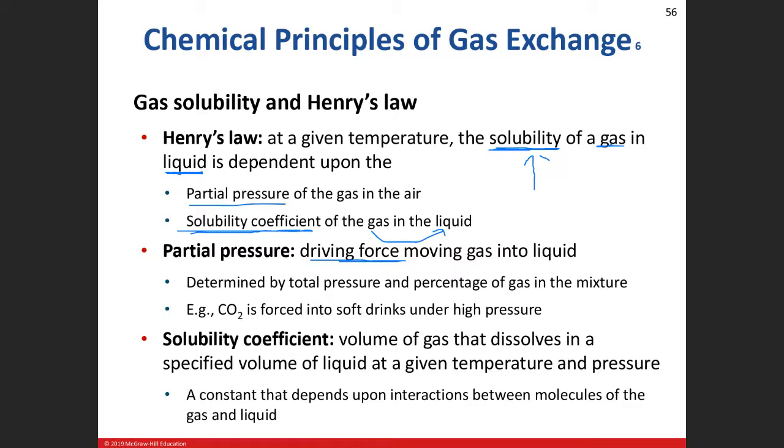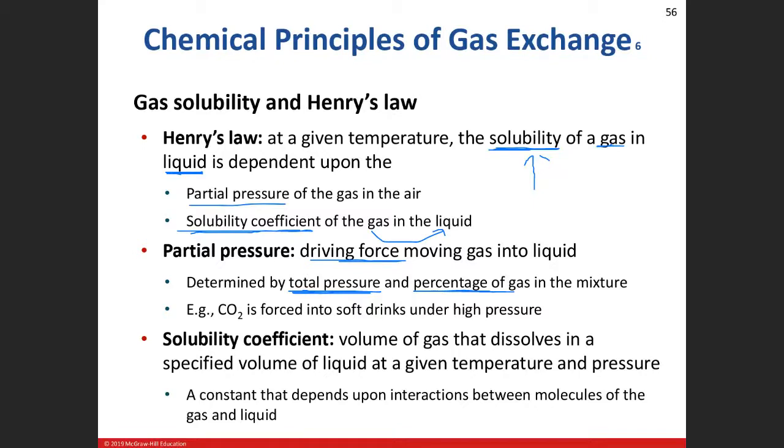But in the pulmonary capillary, the partial pressure of oxygen was 40. That's a big gradient there. Okay, so that big gradient is going to be, all right, our driving force here. Okay, so that's going to help us to determine, all right, that pressure there, and also how much of the gas is going to be present there. Okay, so our partial pressure plays a big role in that.